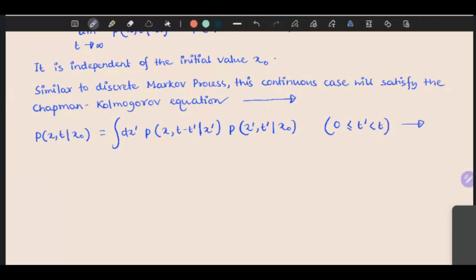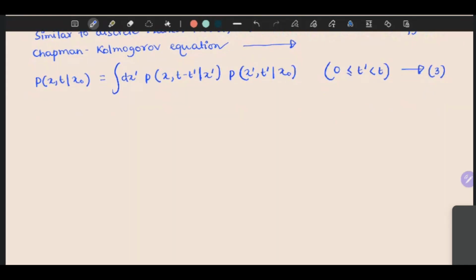So this is equation 3. And the range of this integration should be over the allowed values of the random variable, using the transition probability.